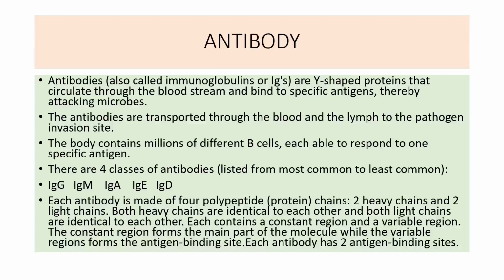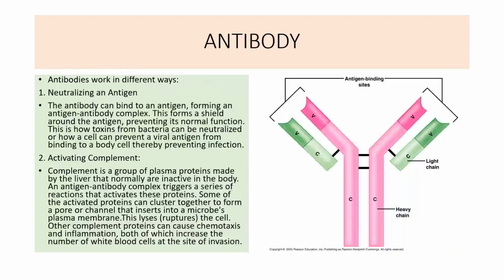The antibodies are also known as immunoglobulins. The immunoglobulins are of 5 different types, that is immunoglobulin A, then immunoglobulin M, G, E and D. They are produced under different influences and ultimately they are responsible for removing the pathogen from the body.